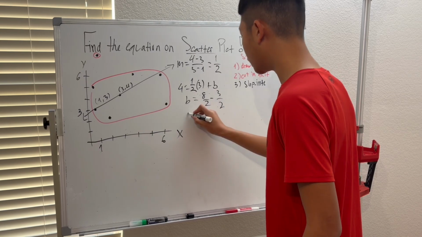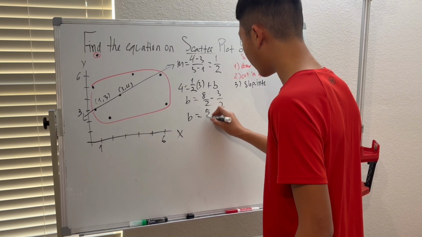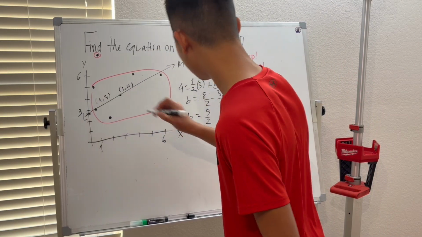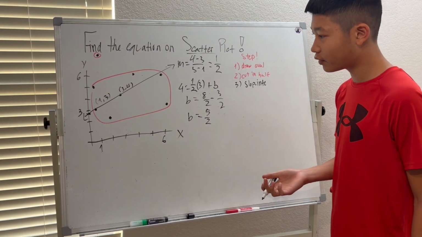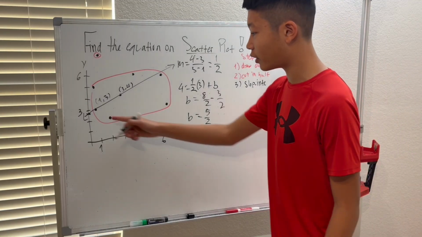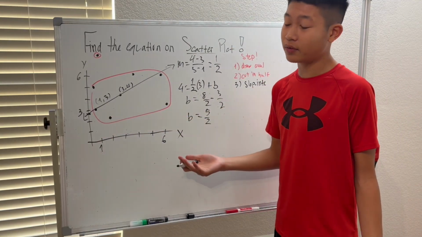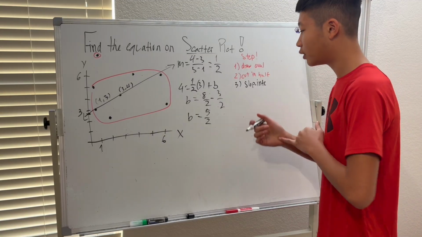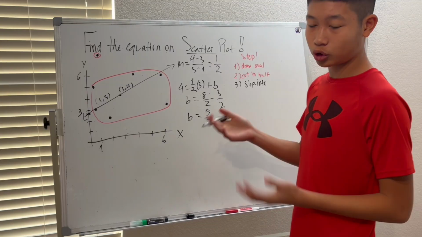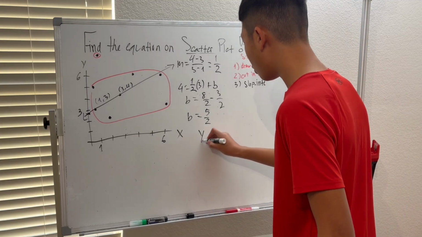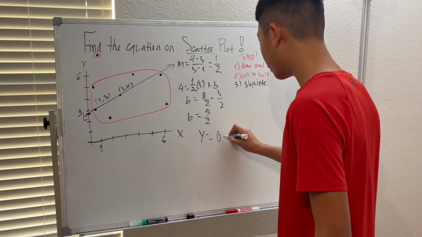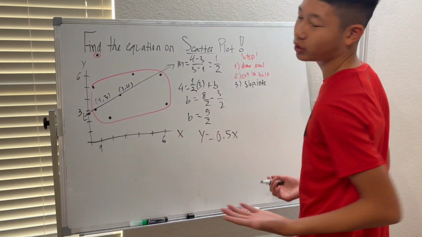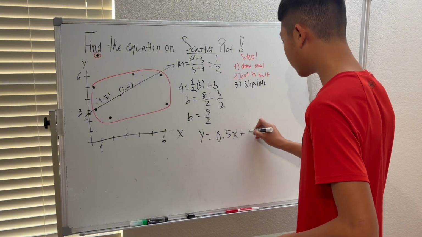There we go. So b is equal to 5/2. So it's about right here. 5/2 is about 2.5. It's close enough to 2.5 right here, about 2.75, so it's kind of accurate. So 5/2 is 2.5, and you can leave it as 2.5 if you want to. So y equals, you can write 0.5x, because I want to be accurate if I do a scatter plot like that, plus 2.5.